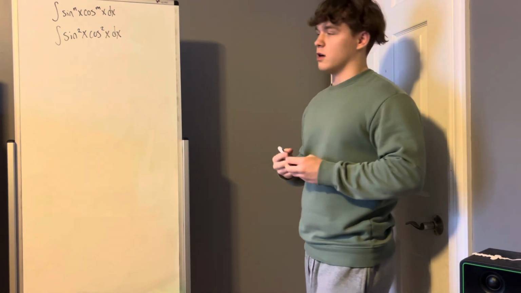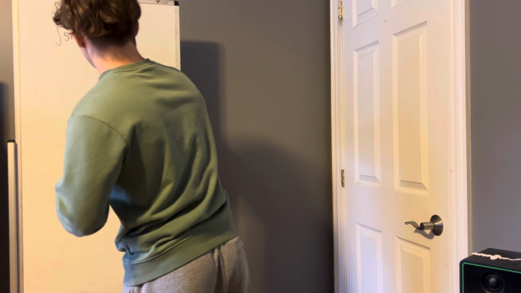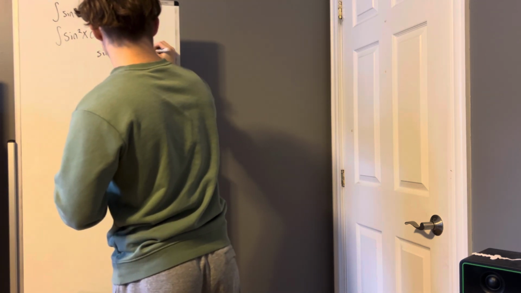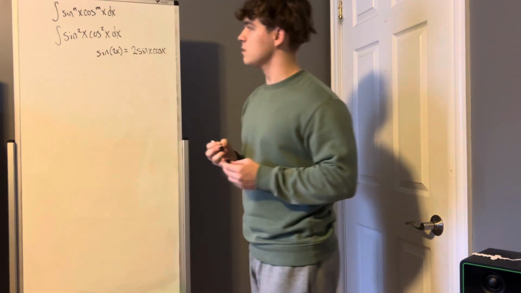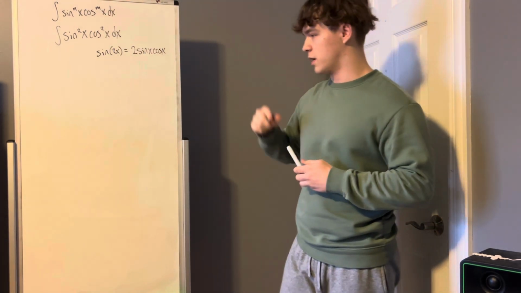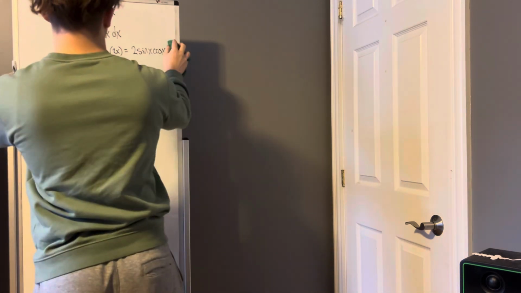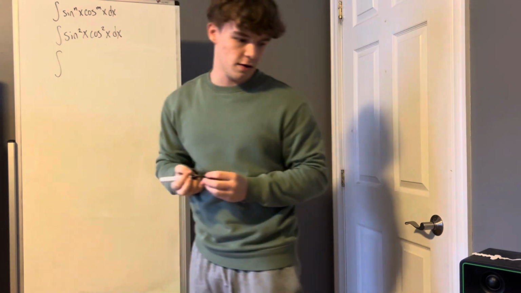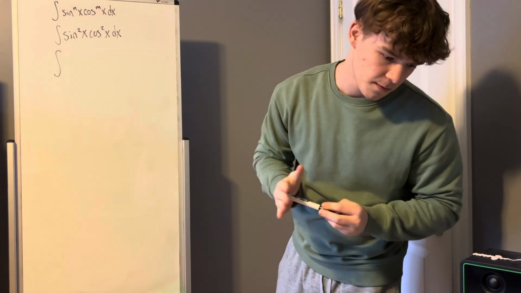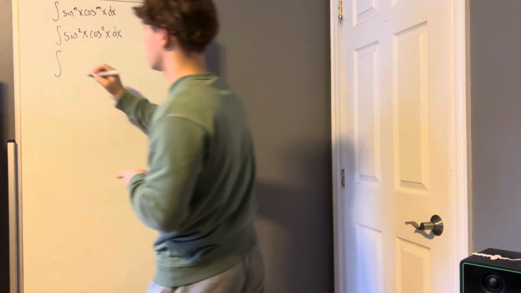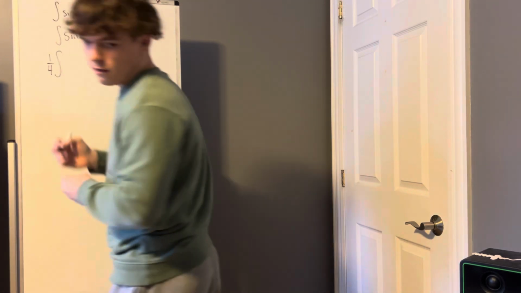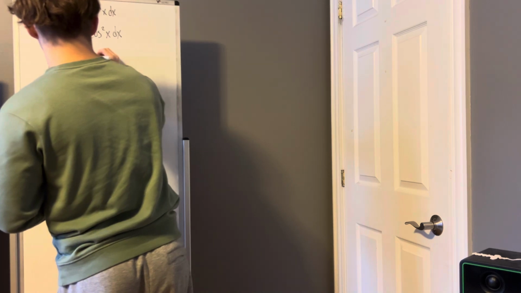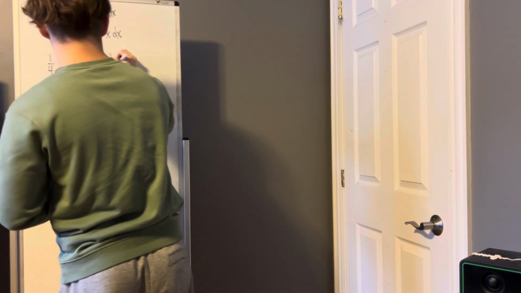But what we can use here is our knowledge that sine of 2x equals 2 sine x cos x. And so what we can do is we can actually make this the integral of 1/4 sine squared of 2x dx.